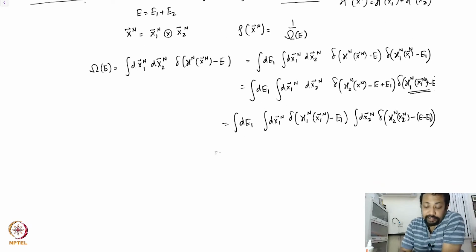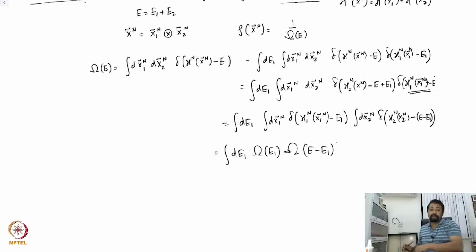And you quickly identify this to be dE1 omega E1 times omega E minus E1, right? So you bring two microcanonical systems together. One had energy E1 and one had energy E2, and then you bring them together. So this is the total number of microstates for the joint system.